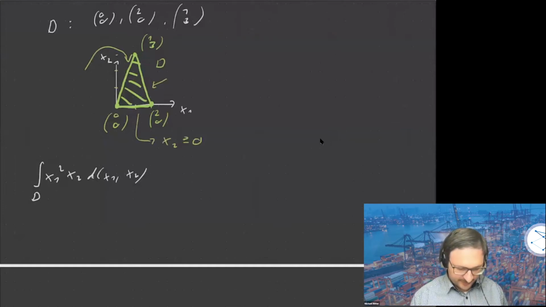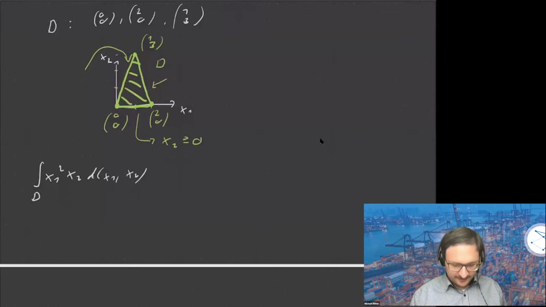Let's start with that first here. So this is the line that passes through the origin and through the point (1, 3). That means the slope of that line is 3, and it passes through the origin.